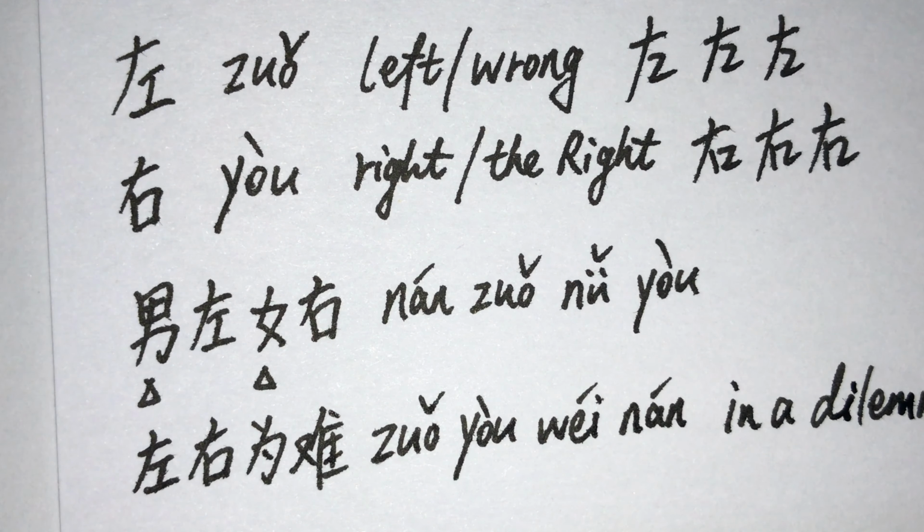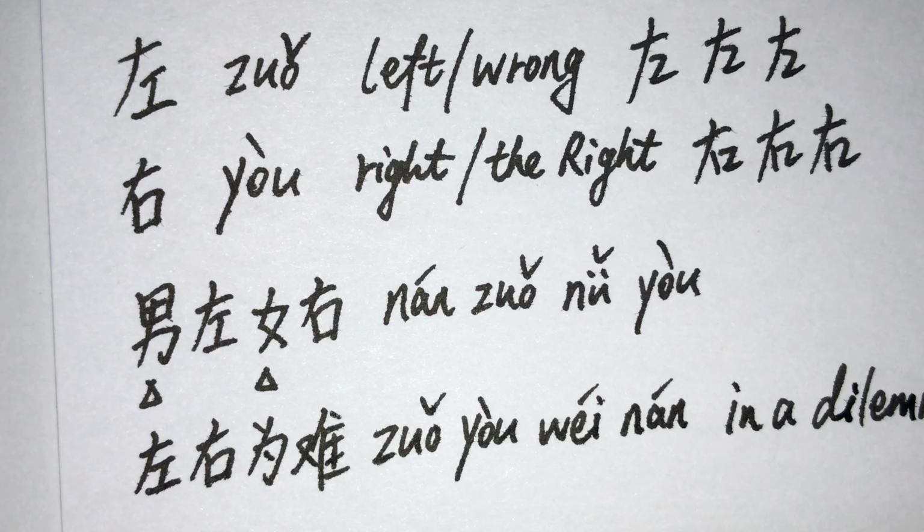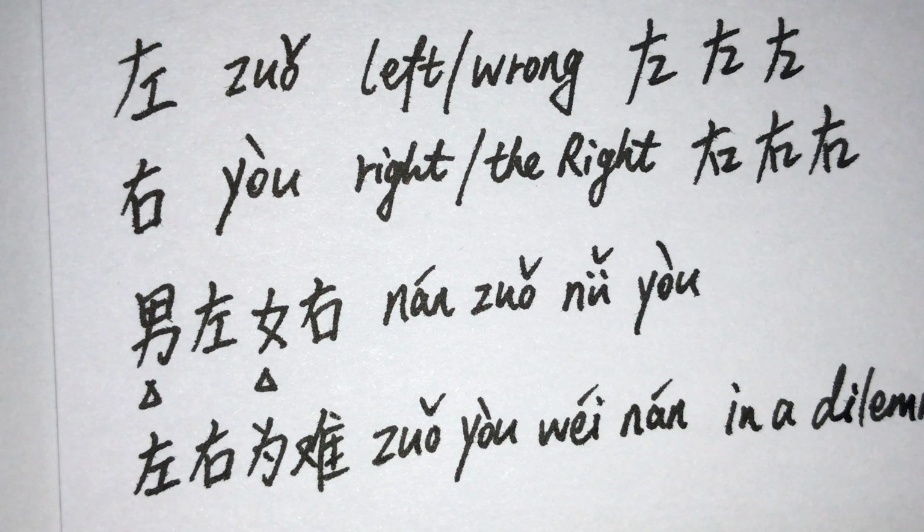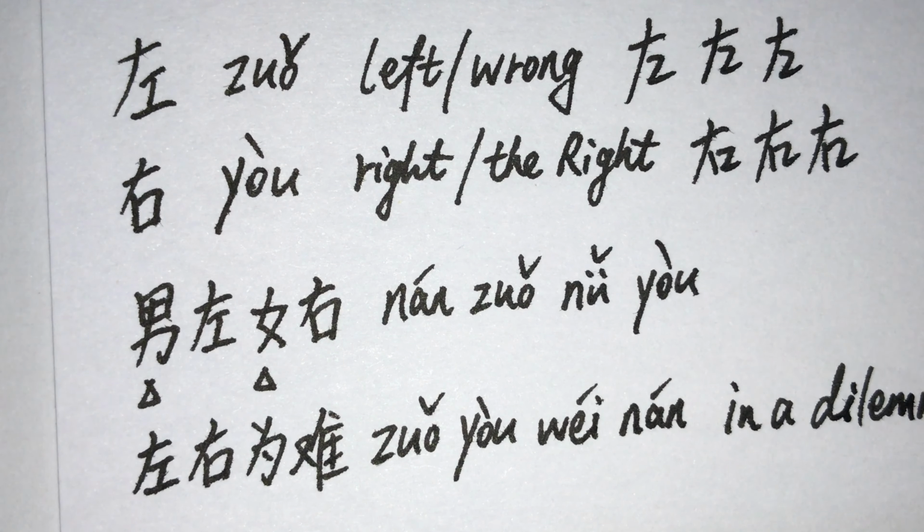For example, 去也不好，不去也不好，真让我左右为难。It is a problem if I go, but also a problem if I don't. I'm in a real dilemma.